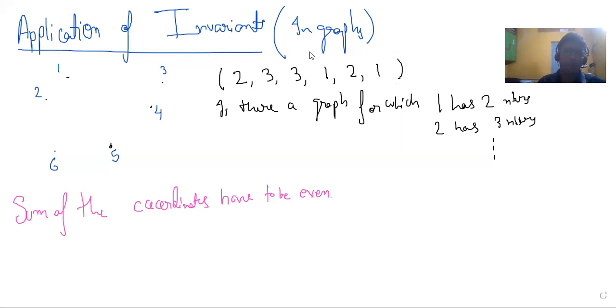Would anybody want to explain that? Yes, it's going to be twice the number of edges. Because every edge is essentially getting counted twice.